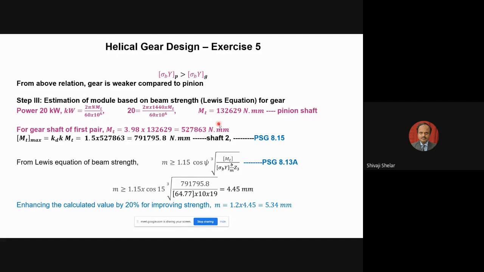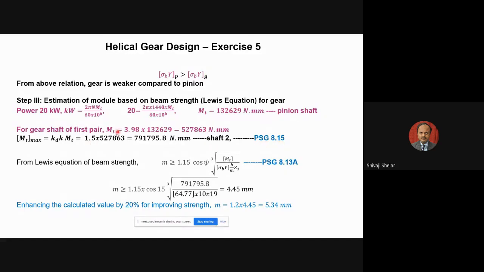This cannot be used in the design calculation. We need to convert this value into the design torque. So design torque MT max is equal to KDK into MT, where KDK depends upon the type of your carrying arrangement. There are table values, two values available, 1.3 and 1.5. So we are selecting 1.5 from page 8.15.